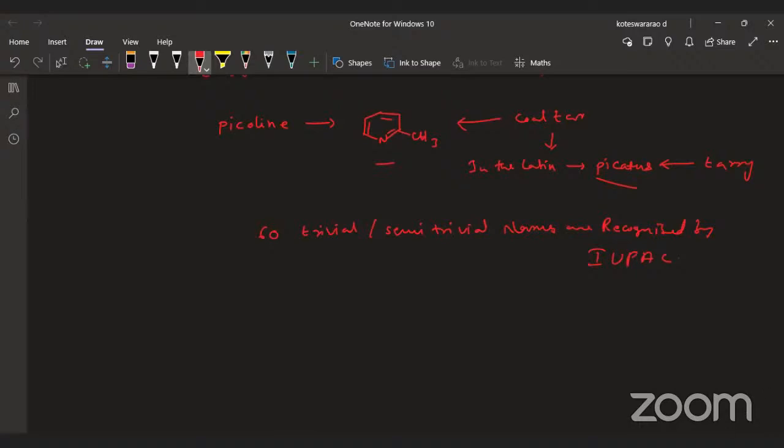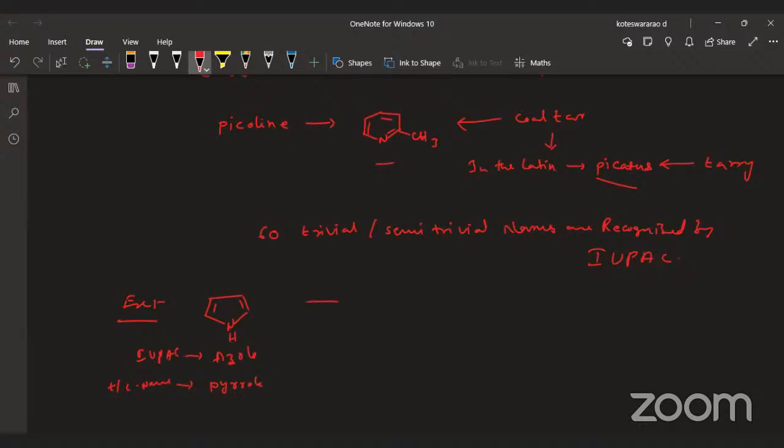Some of the compounds, for example, the 5-membered nitrogen containing heterocyclic. Simply call it azole in the IUPAC. Now its common name, sorry, it is the IUPAC name. Its common or trivial name, TC, T means trivial and C means common name, is pyrrole.